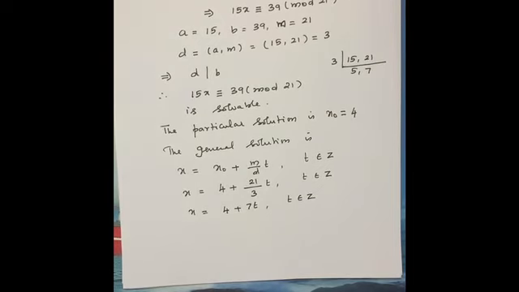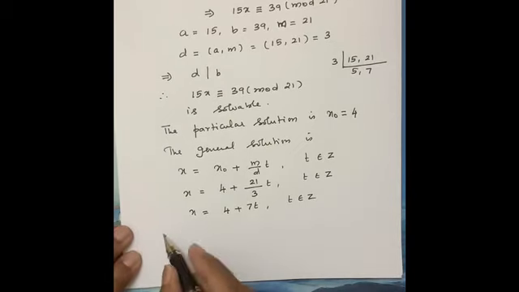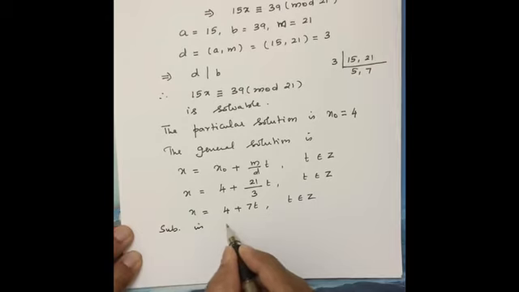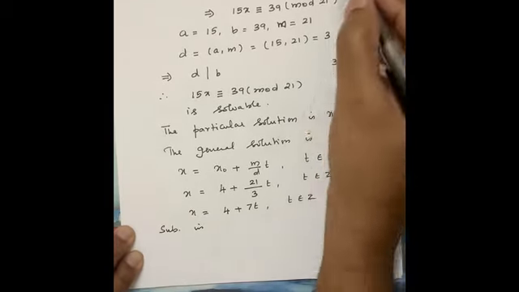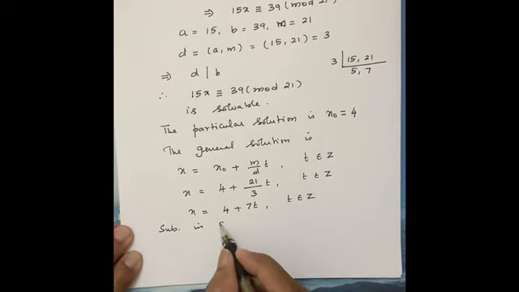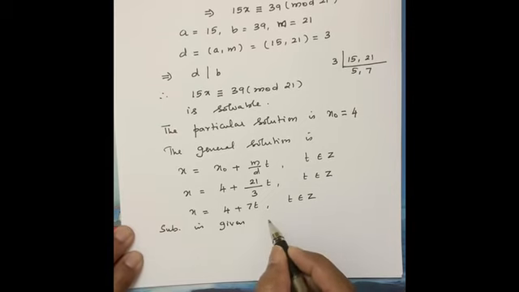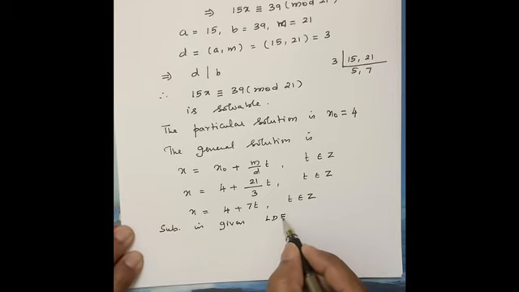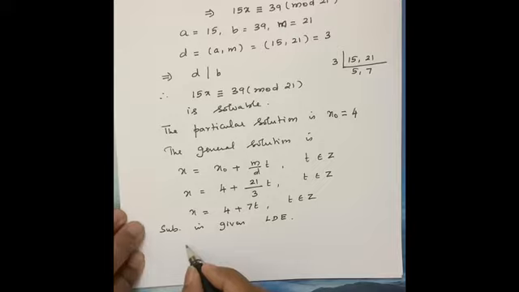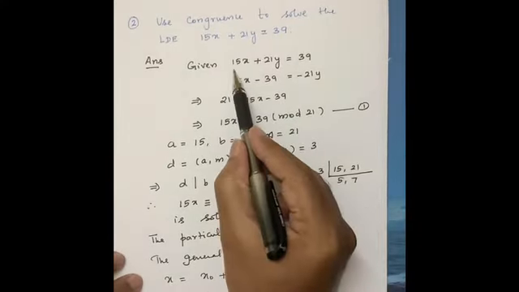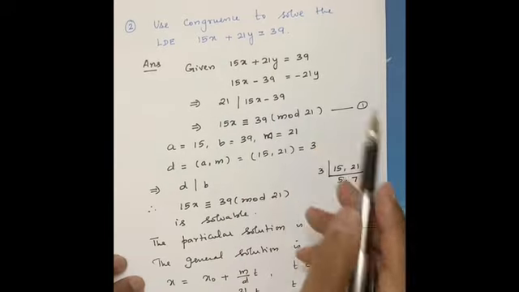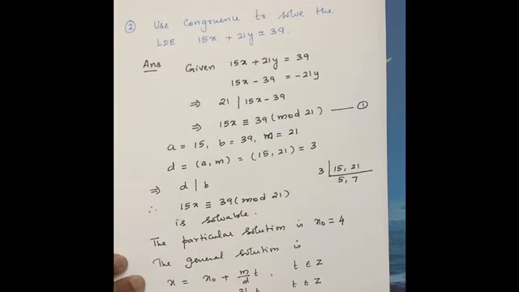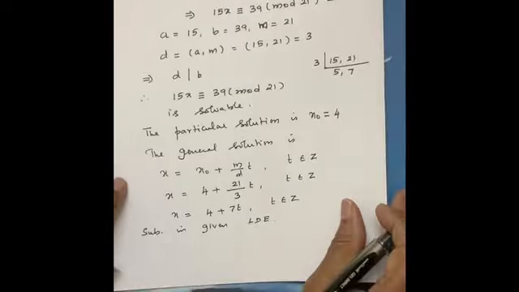Now your aim is to find the value of y. So substitute in the given LDE: 15x plus 21y equal to 39. In place of x, I have to replace by 4 plus 7t.